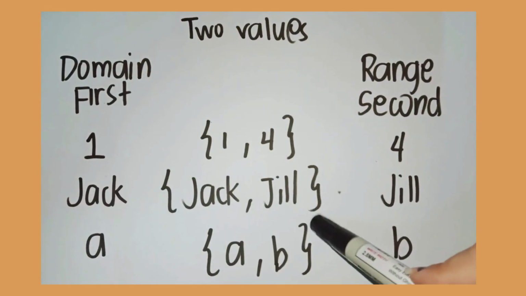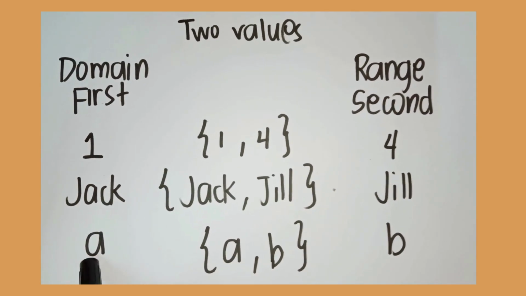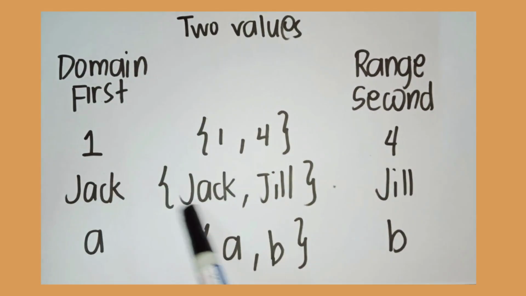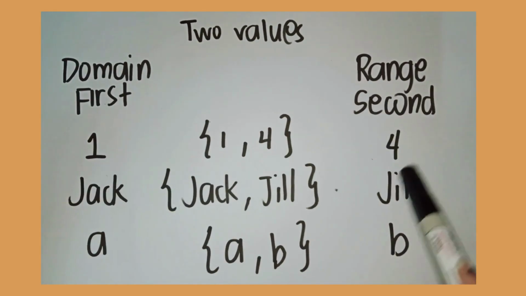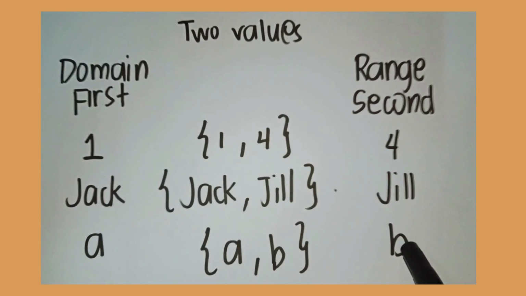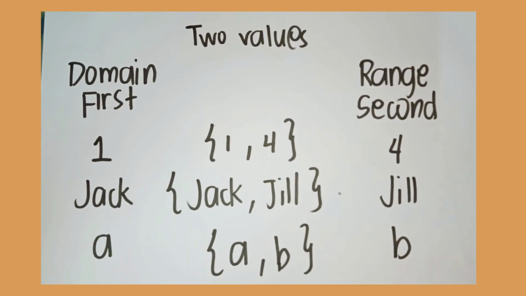Ang domain ay 1, Jack, and A. Kasi, ito yung mga nauunang values. Ano naman yung mga range? We have 4, Jill, and B. Kasi, sila yung mga pangalawang values.